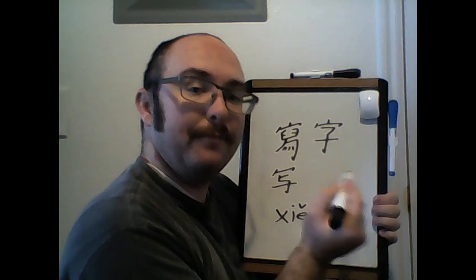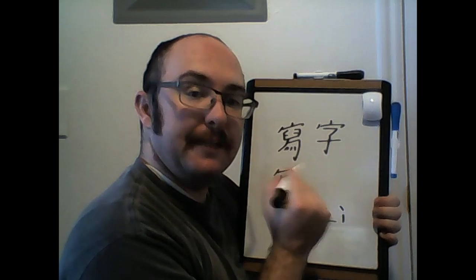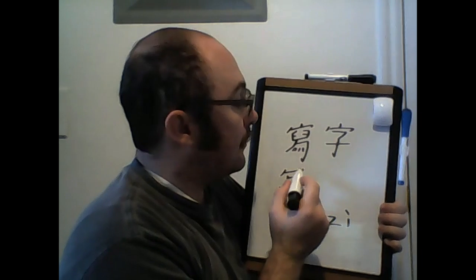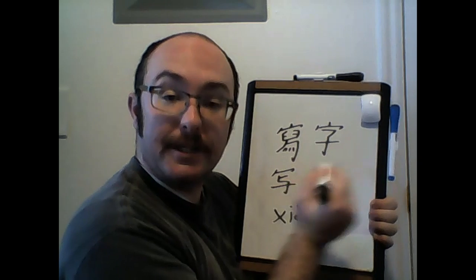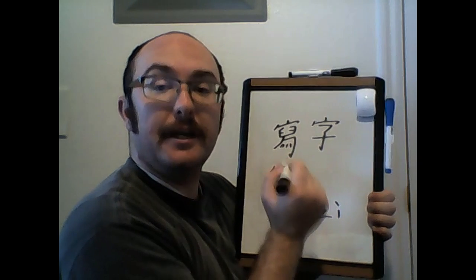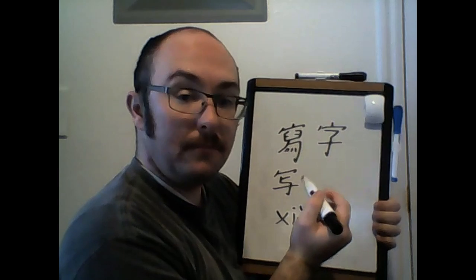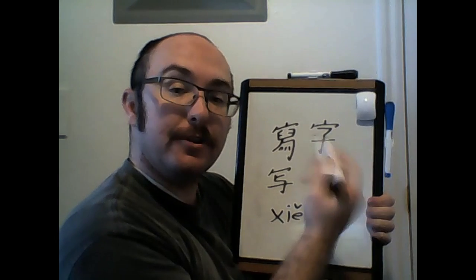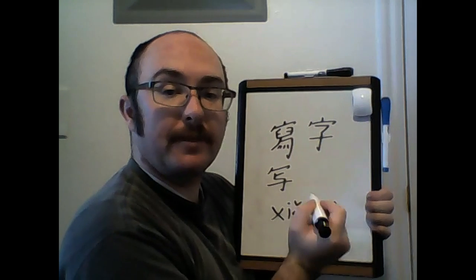So the default object for xie is zi. Now you can 写中文字 write Chinese characters, 写英文字 write English characters. But this is the default. So if you're just doing writing, you 写字.